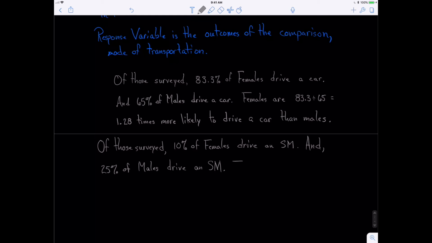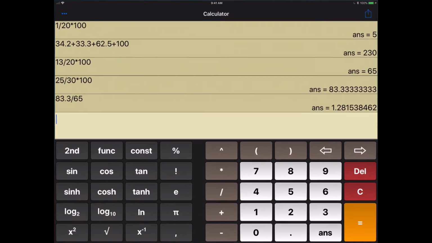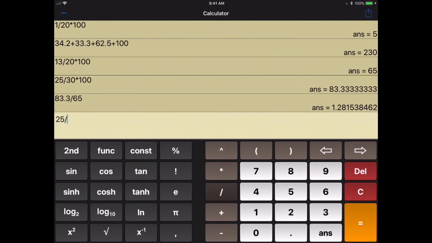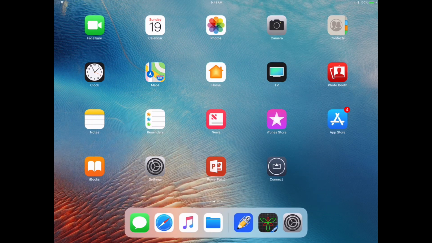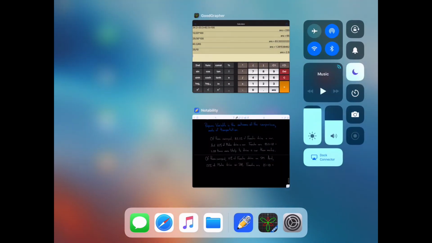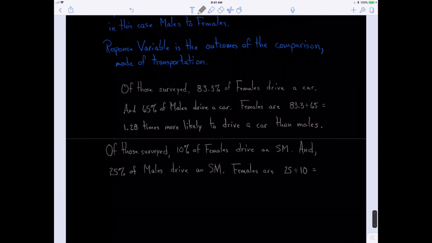So we could say females are, and again, we put the large number over the smaller number. So we're going to take the 25, we're going to divide it by the 10, and if we do that, let's go back to Good Grapher really quick. So we'll go 25 divided by 10, and we get 2.5. Wow, that's a lot. So I want to go back to Modability.